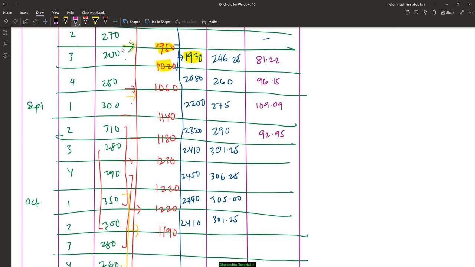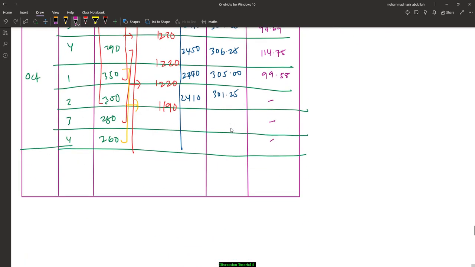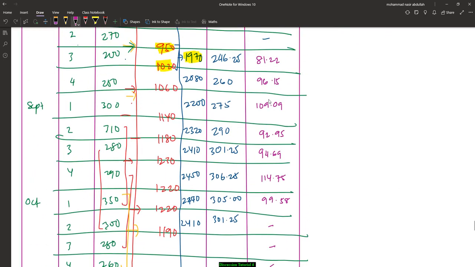You should make sure you get the same result. 94.69. This is 114.75. This is 99.58. The last is nothing. Seems wrong. Yeah, correct. Seems wrong. Wait, it seems something was left out. Yup, here.